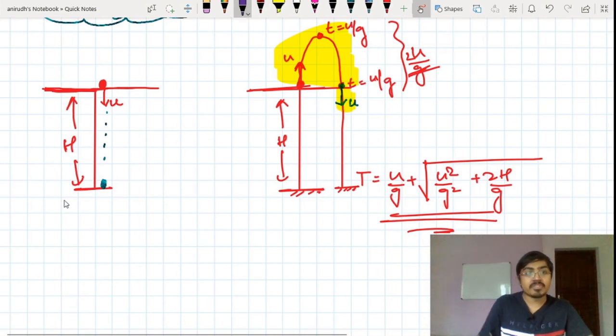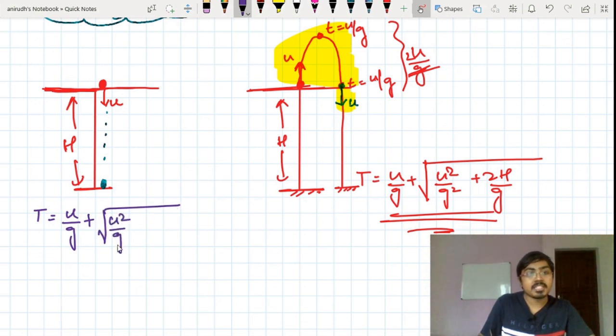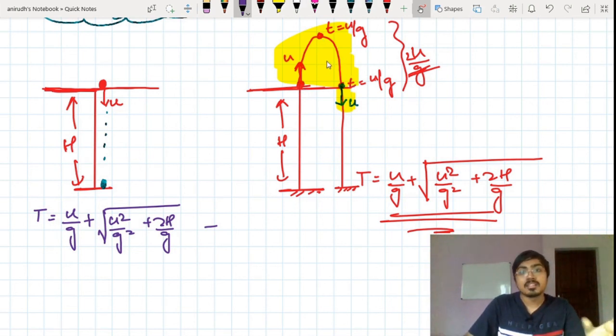So what will be the time of flight for this condition? Time of flight is again u by g plus root of u square divided by g square plus 2h by g, minus this part. This part is u by g up, u by g down. That is 2u by g, the total time to cover this much distance.